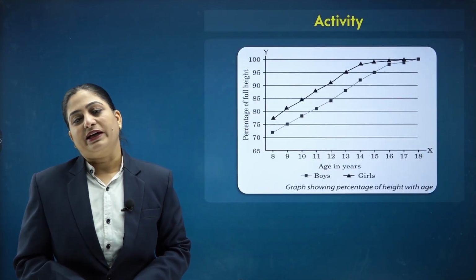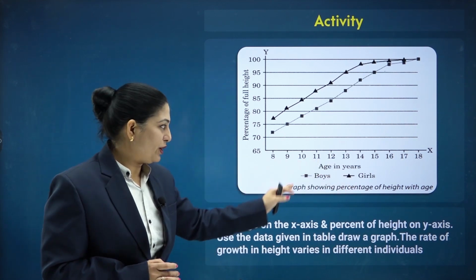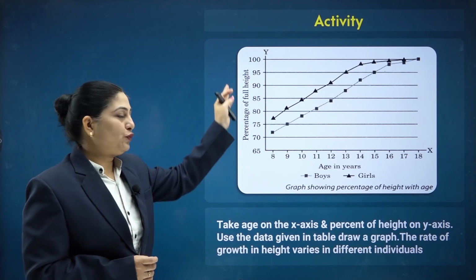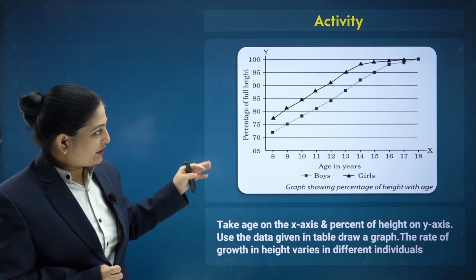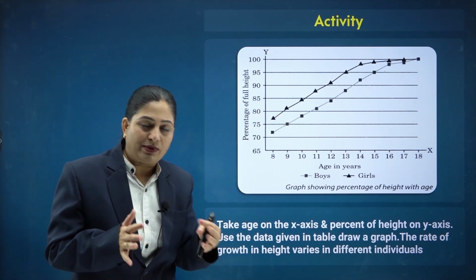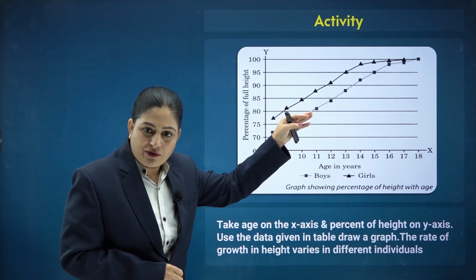Now let us perform an activity. Take the age of boys and the age of girls on the x-axis, and the percent of full height along the y-axis. Use the data you collect from your friends in your class or from your family, with your cousins, and try to draw a graph.